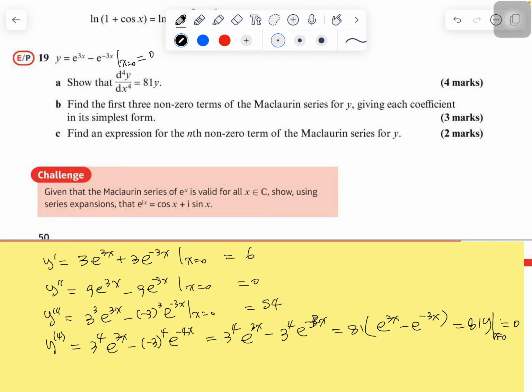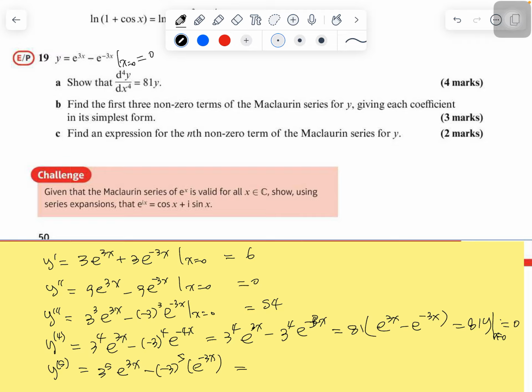So here, first three non-zero terms means we need to go one more further. Y to the power of 5 is 3 to the power of 5, e to the power of 3x, minus negative 3 to the power of 5, e to the power of negative 3x.